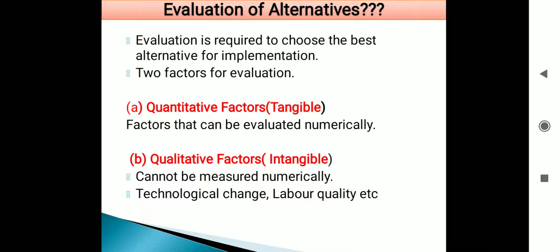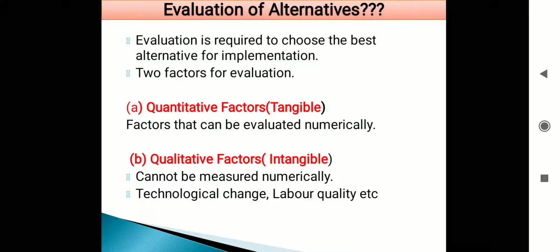Now let us see the meaning of evaluation of alternatives, and why we require it. Evaluation of alternatives is required so as to find the best possible solution for implementation. Basically we use 2 methods for evaluation. The first method is quantitative factor analysis and the second is qualitative factor analysis.